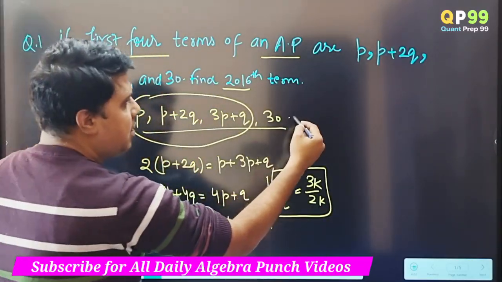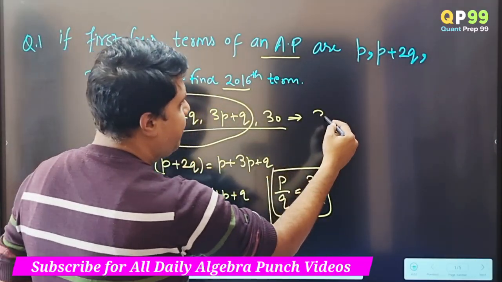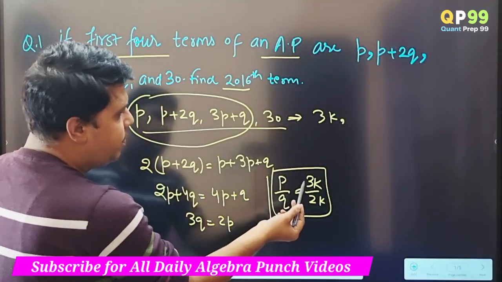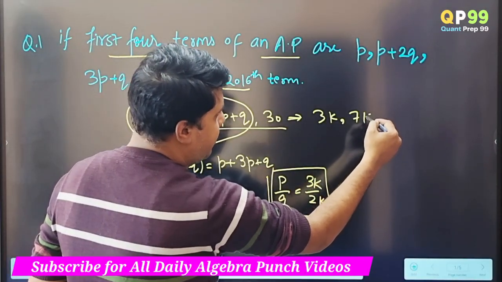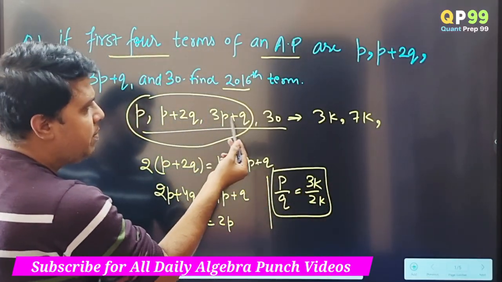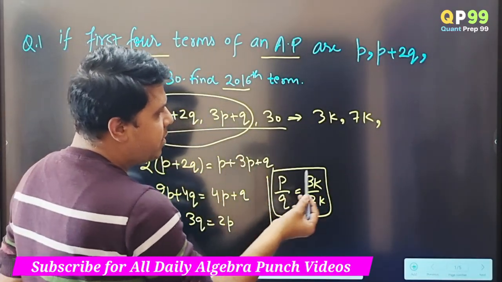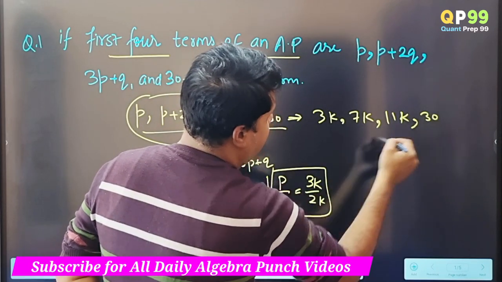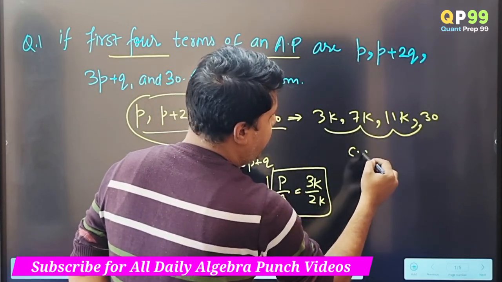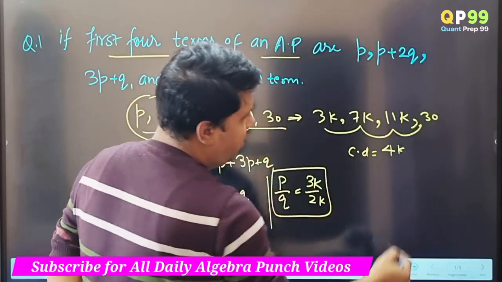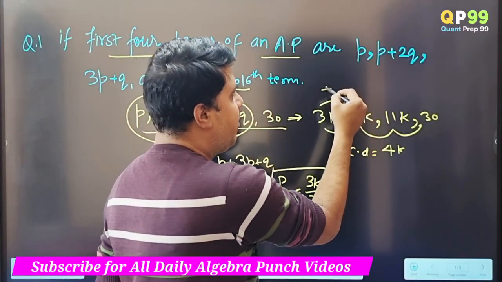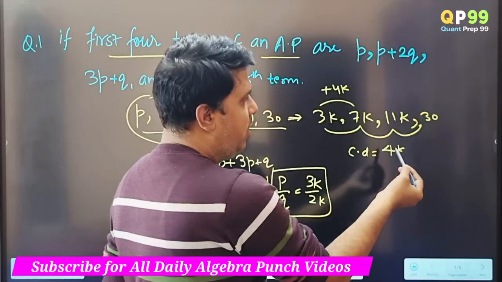So in terms of K, this is 3K. This is P plus 2Q, that is 7K. This is 3P plus Q, that is 11K, and that's 30, right? So the common difference will be 4K, because 3K and 7K have a difference of 4K, right?